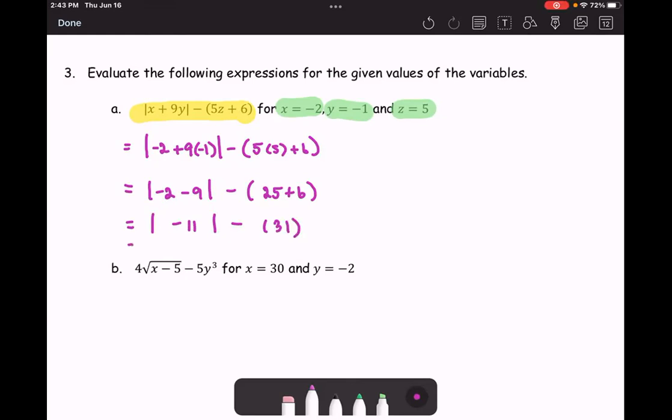And now simplify the absolute value of -11. Recall the absolute value of a is -a for a less than 0, or when a is negative, the absolute value turns out to be positive, or we disregard the negative sign. Therefore, the absolute value of -11 is just 11, and then subtracted by 31, the result is -20.